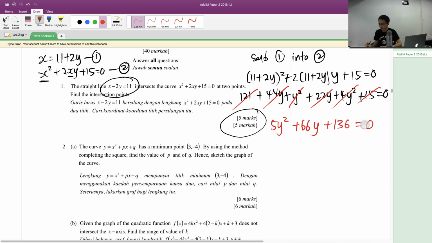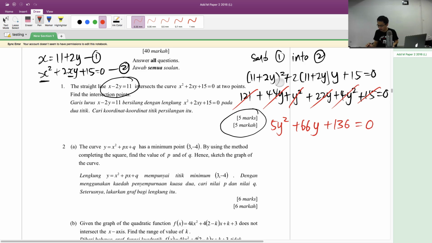And then we need to factorize this. I guess we will use the calculator because the number is quite big. So it's 5, 66, 136. Actually I get decimals. Is there any way I made a mistake? Let me see. Is 11 squared equal to 121?